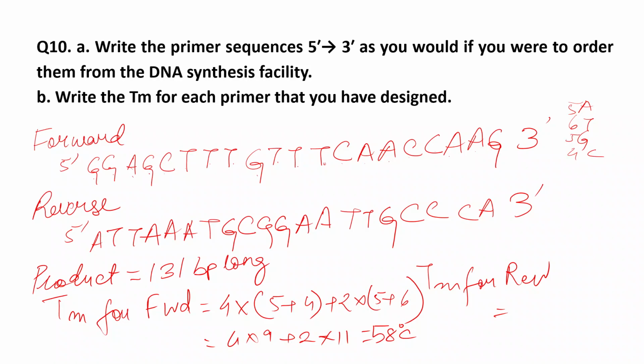In the reverse, one, two, three, four, five, six, seven. 7A. 5T. Then you have 4G and 4C.